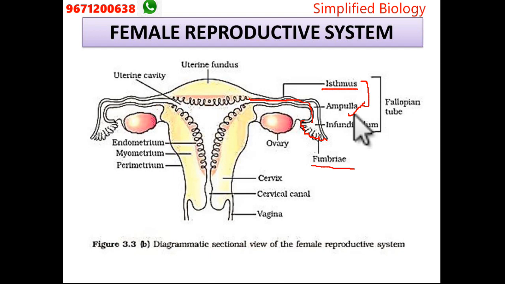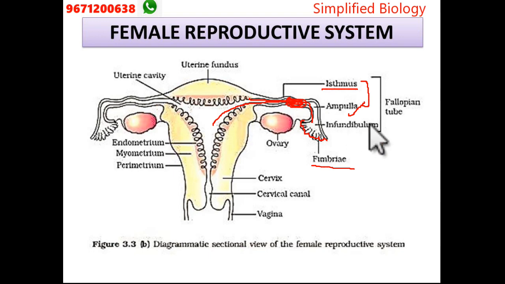So the junction named the isthmus-ampulla junction of the fallopian tube is where fertilization takes place. That means the ovum will come up to that site only. Clear? And sperm are motile in nature, so they can come here, right, beta?